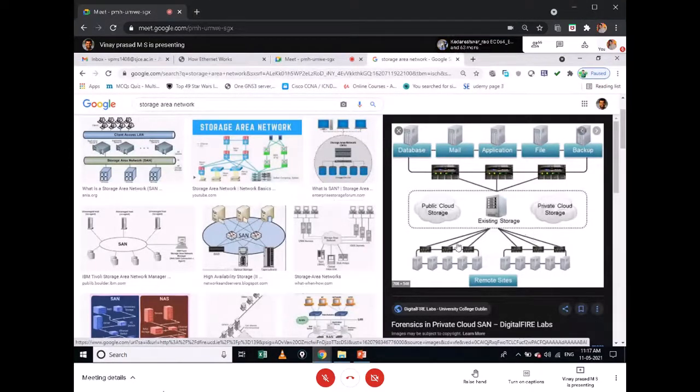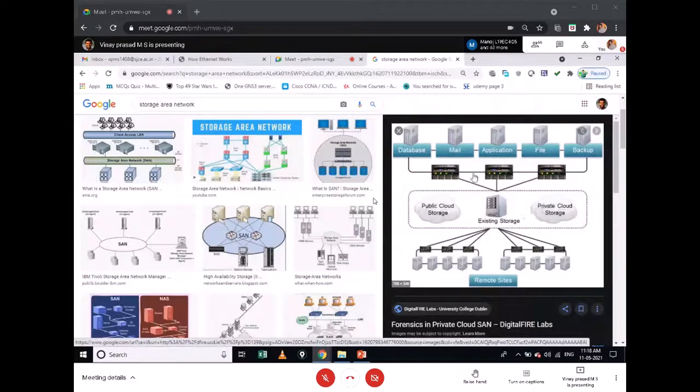Again, at the remote site you might also have the same thing: a database server, mail server, application server, file server, and backup server. In another location at the remote site you might have the same database, mail, and so on. But what is the common thing here? For every one of these applications, in different locations, you have a centralized storage.